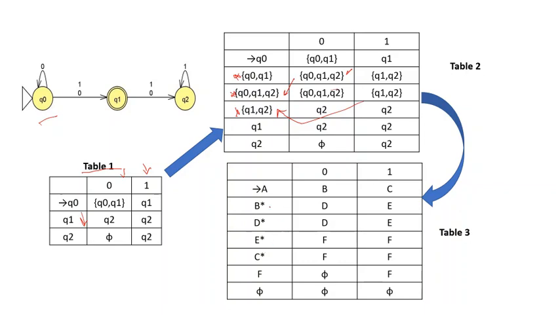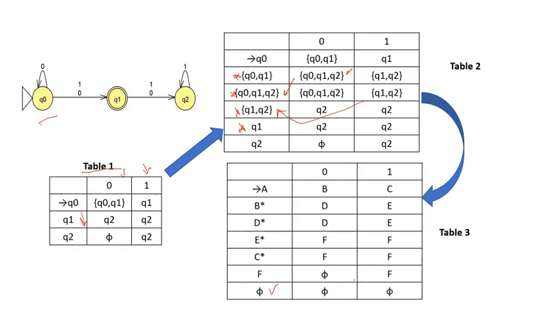So we have four final states. This way we can see how we have changed the names here. We have also included phi as the fifth state.